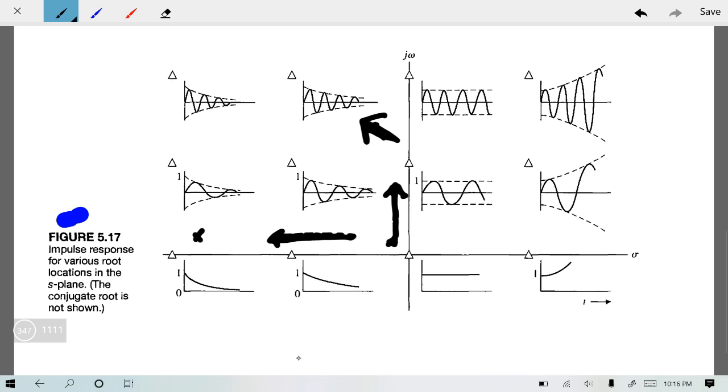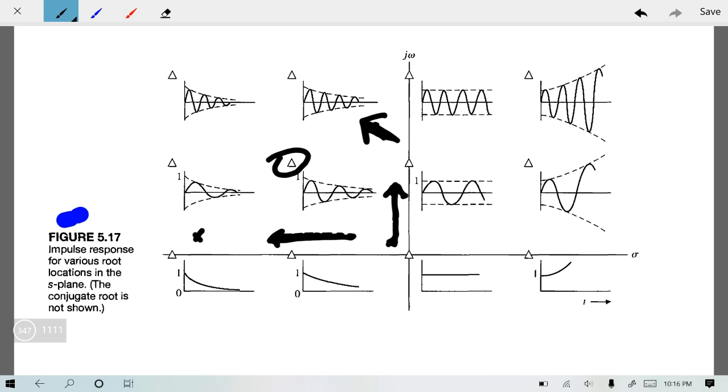So if you have a pole over here and someone says your system is too slow and asks you to design a system that should settle quickly, then you should know what to do. You have to reduce the settling time. To reduce the settling time, you have to place this pole over here rather than at this point. To place the pole over here, you should change zeta accordingly. To change the zeta, you have to change B, K, M or other system parameters.